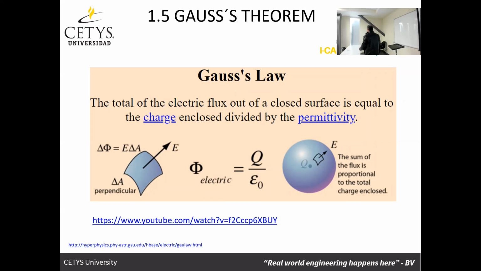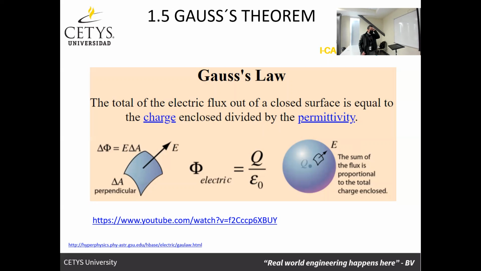Gauss was another fellow that is very important in electricity and magnetism. And there's something called Gauss's law. And this guy Gauss developed this law that is useful to represent different electrical fields for objects that have different volumes and geometries.